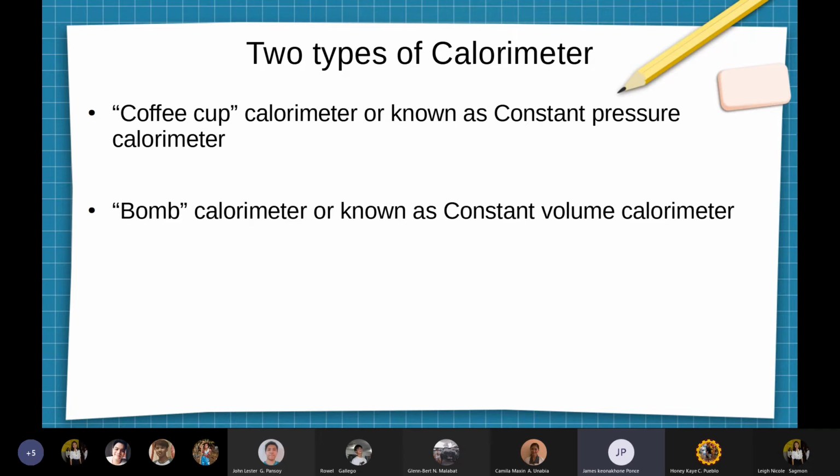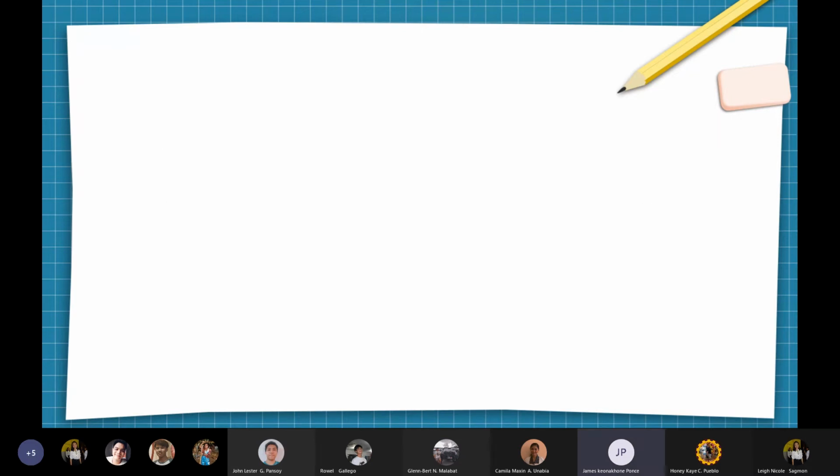This is a more expensive calorimeter, where materials are not readily available in your home, such as a large steel container and a smaller stainless steel container, which contains the flammable component. You can call it a bomb inside, with spark plugs to ignite it.